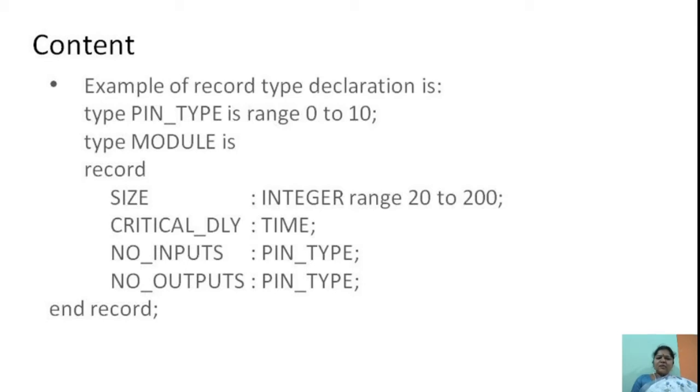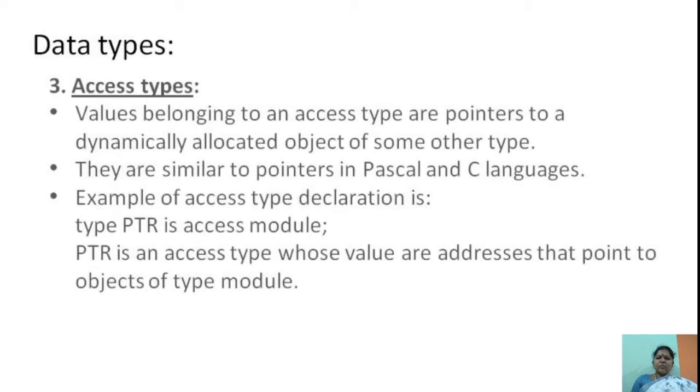That is, size of integer range 20 to 200, critical delay of type time, and number of inputs. Pin type range is from 0 to 10, so number of inputs is from 0 to 10, and number of outputs is also from 0 to 10. End record. So in this we have mentioned the size as well as critical delay as well as number of inputs and number of outputs. This is the example of record type.